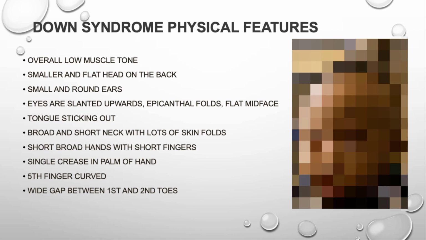The hands could be short, and they can show something that is called a single crease that I will show you in a minute. And there is some shape of the fifth finger in the hand that is called in medical terms clinodactyly. In addition, sometimes you can find sort of a wider gap between the first and the second toes.